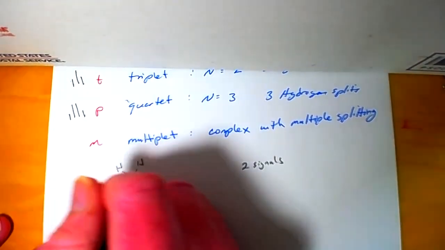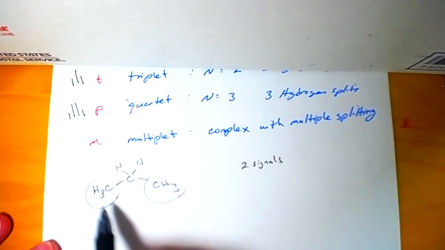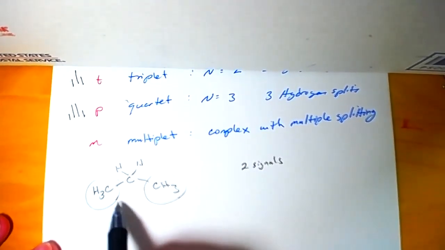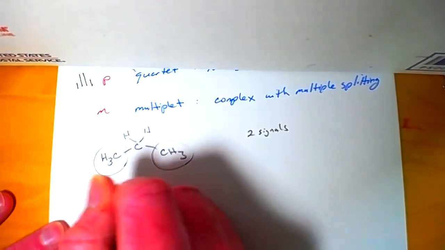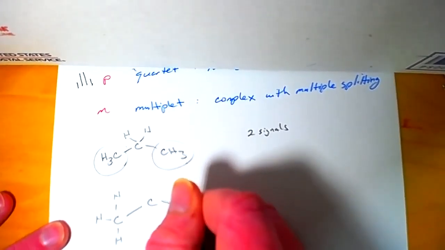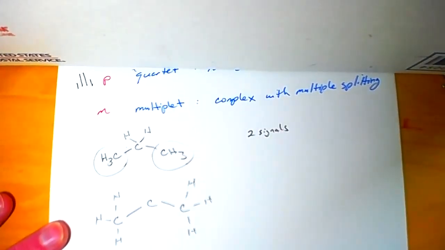Well, since all of these hydrogens here are equivalent, they're not going to be split by each other. But if I draw it out a little bit, I'm going to draw these guys out.